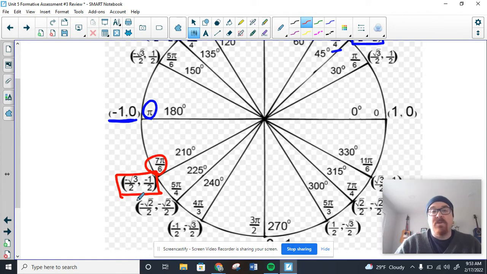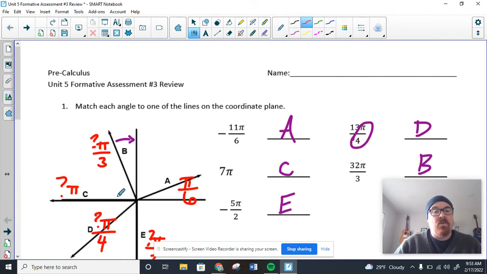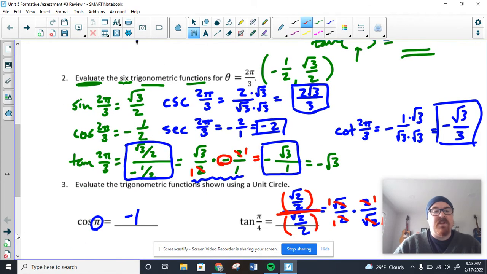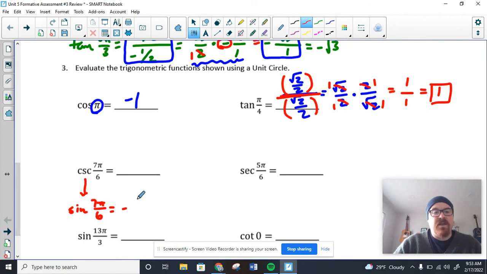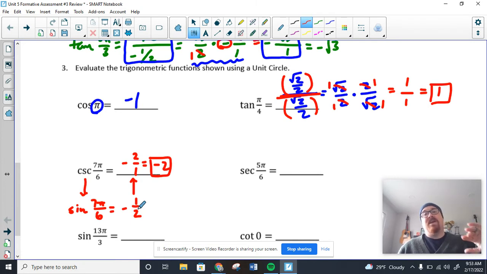And how do we evaluate sine? We evaluate sine by identifying the y coordinate. So the sine of 7 pi over 6 is -1/2, which means the cosecant of 7 pi over 6 is the reciprocal of that. There's a reason cosecant is called a reciprocal function, because we find sine first and then we flip it over. Okay?